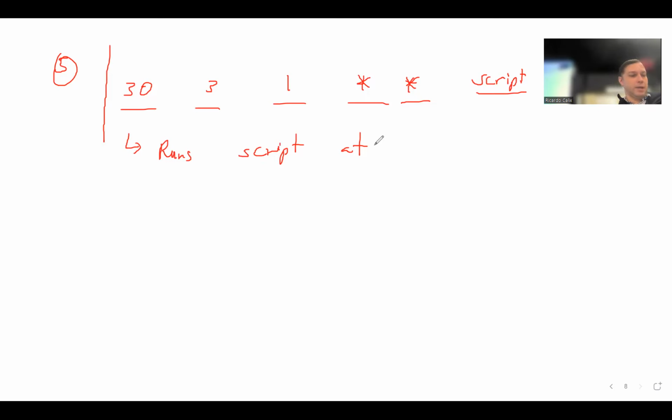Got it? First one, 30 would be the first day of each month at 3:30 a.m. Oh, that's minutes. This is minute, yes, 30. And this is hour, and this is day of month. Got it, guys?